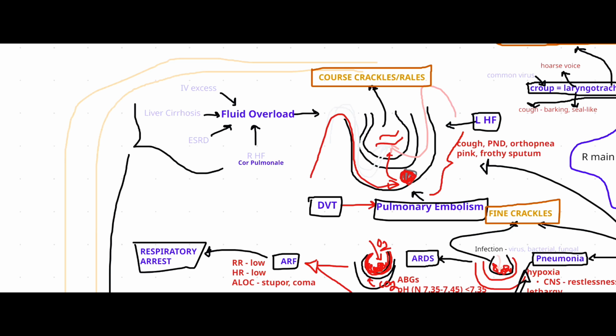If the left-sided heart failure is so bad, blood overflows into the alveoli, and now they can't breathe because oxygen can't go through. So if they're laying down, they all of a sudden will get up and cough, and they can't breathe. So that's PND, paroxysmal nocturnal dyspnea, okay?